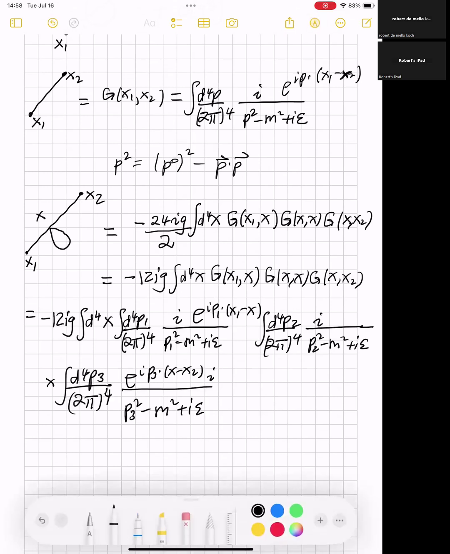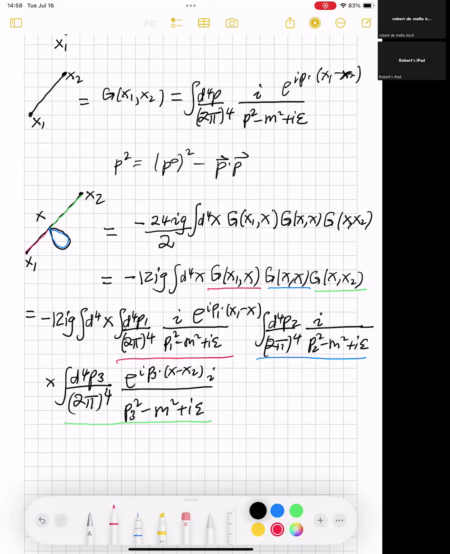So each of these factors is for one of these Green's functions. I'm just going to underline the terms in a certain color so that you can see the correspondence. Okay, so I've indicated the expression for each Green's function. And in fact, I could even indicate it on the diagram too. So this is now indicating it on the diagram. Good.